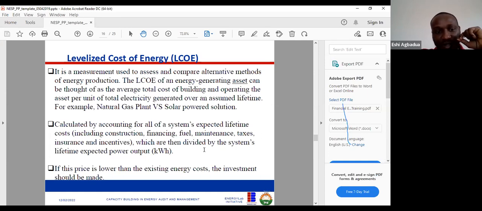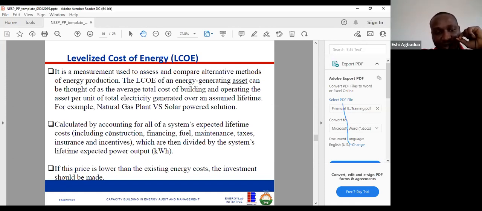So if you are installing a natural gas plant, for example, a thermal gas plant, you want to know what the raw cost is. You want to divide it by the actual amount being generated. So also you can compare this with using a solar alternative. What is the difference? You'll be able to make your decision based on that. Of course, in calculating this, the estimated lifetime costs include the construction, the fueling, maintenance, training, insurance, and so on and so forth.